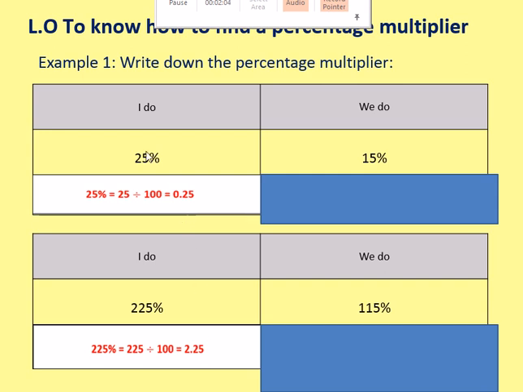So the percentage multiplier for 25% is 0.25, and the percentage multiplier for 225% is 2.25. Please pause the video here, copy down the first 2 I do's, and then try the we do's independently, please.